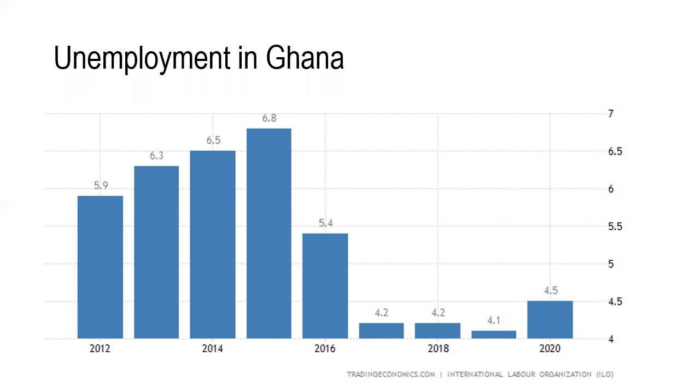The highest is 6.8, and the lowest is in 2019 at 4.1. So unemployment rates seem to have generally dropped from 2016 to 2019. But there has been a significant rise from 2019 all the way to 2020.